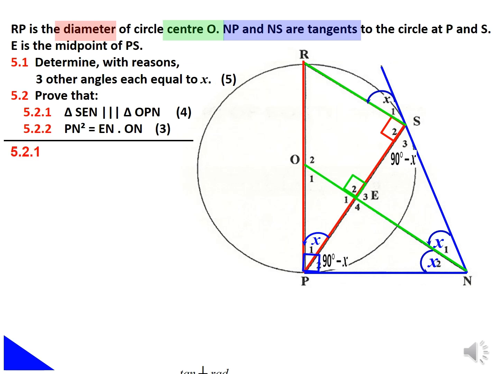Right, let's look at question number 5.2.1. We want to show that triangle SEN and triangle OPN are similar to each other. The way to show that two triangles are similar to each other is to show that their corresponding angles are equal to each other, or we have to show that their sides are in proportion.